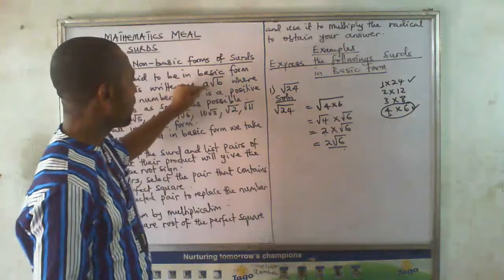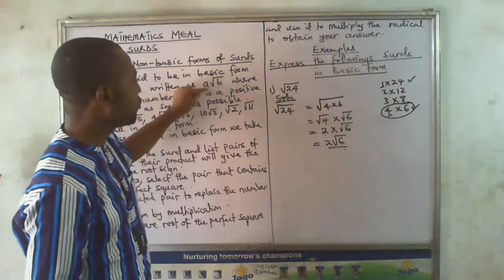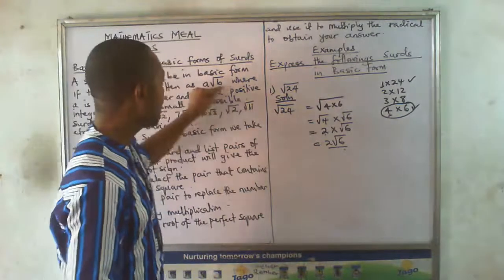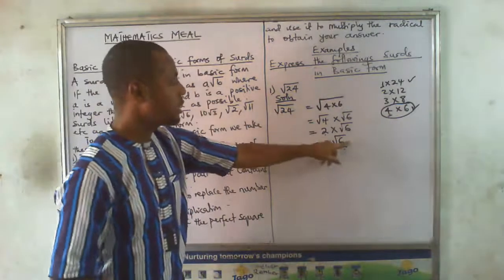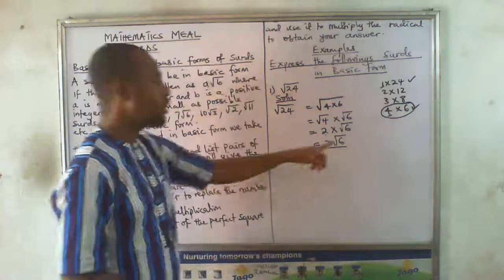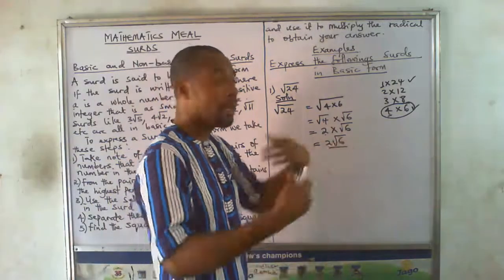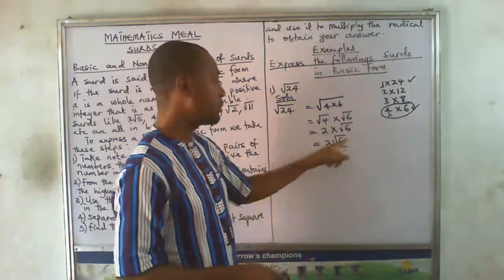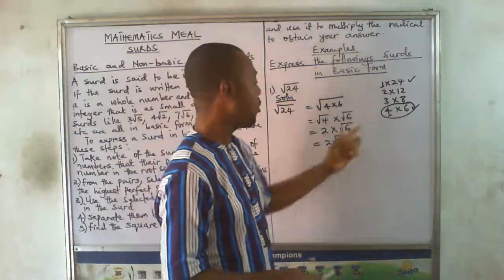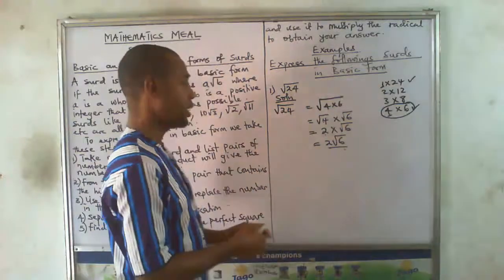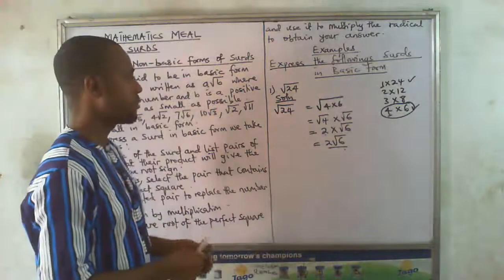You now see, this is the basic form. This A now is 2, and B here is 6. And you cannot reduce 6 any further because there's no other perfect square that you can obtain from here apart from 1. And 1 times 6 is still 6.